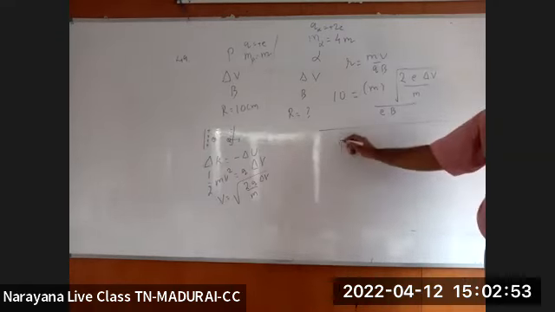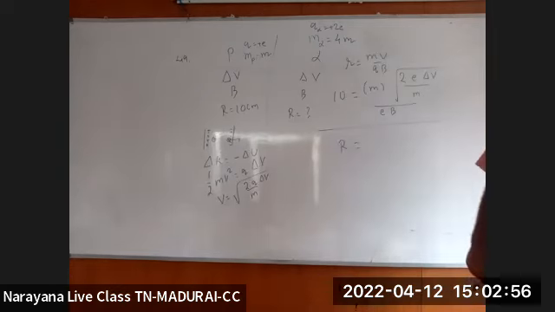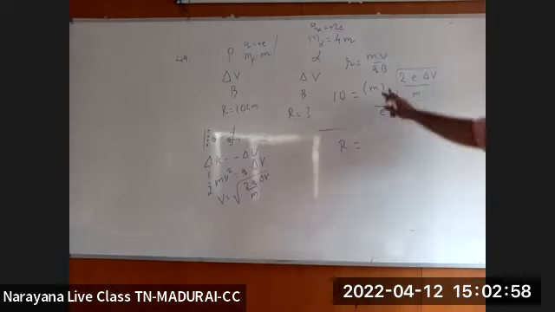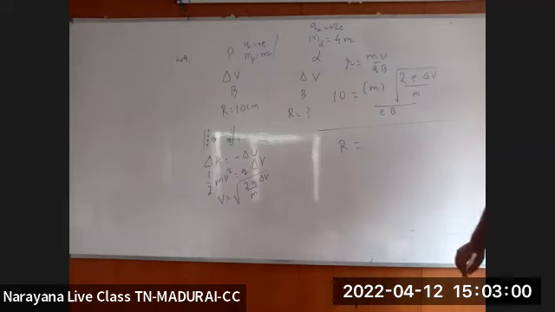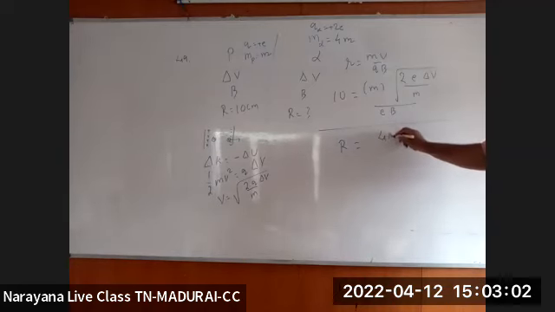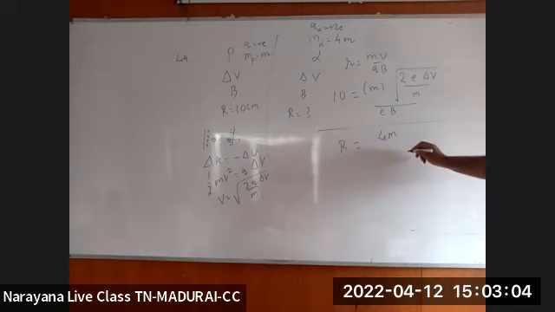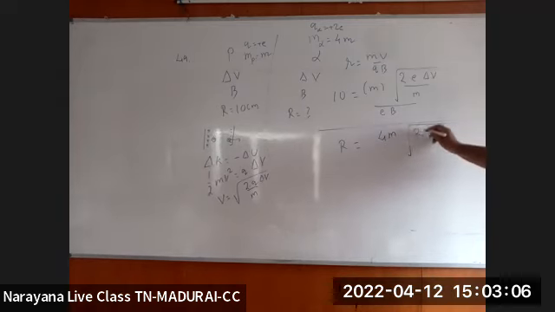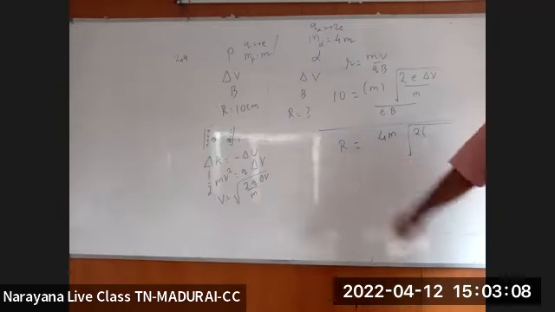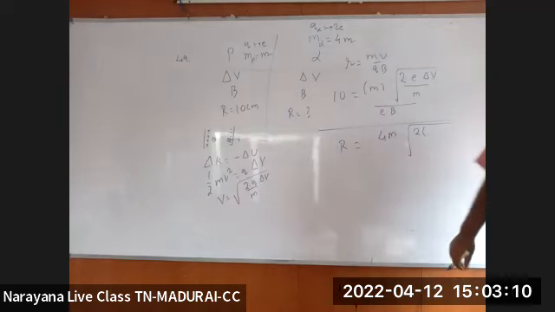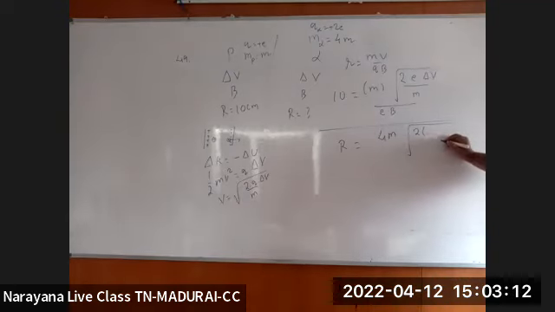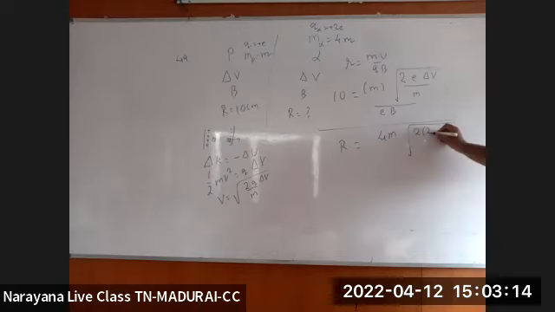That is only our question. So I will write, what is the mass of the alpha particle, my dear students? 4m. And under root of velocity how much? 2 into charge. What is charge of the alpha particle? 2 into e. And potential drop?